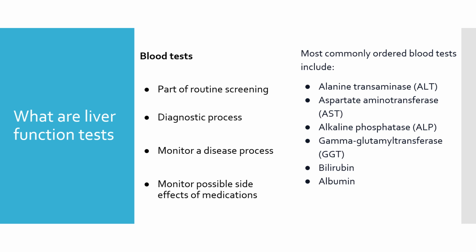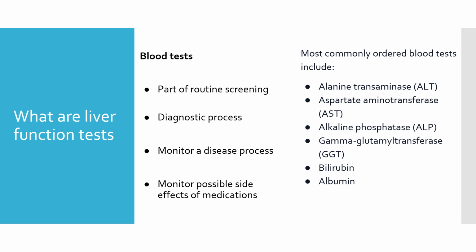So what are actually liver function tests? So there is a full liver function screening. I've got a picture of that at the end, but we're talking about looking at the most commonly ordered blood tests such as alanine transaminase, ALT, aspartate aminotransferase, AST, alkaline phosphatase, ALP, gamma-glutamyl transferase, GGT, bilirubin, and albumin.